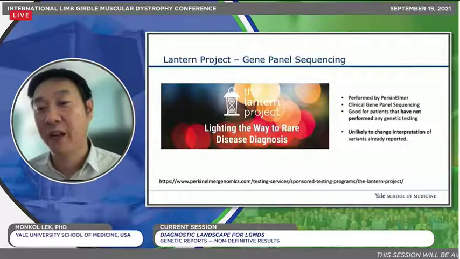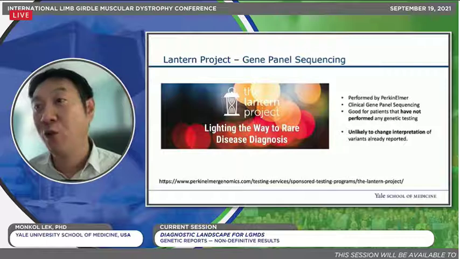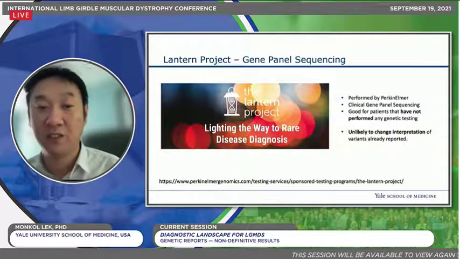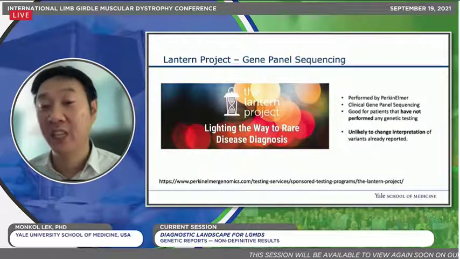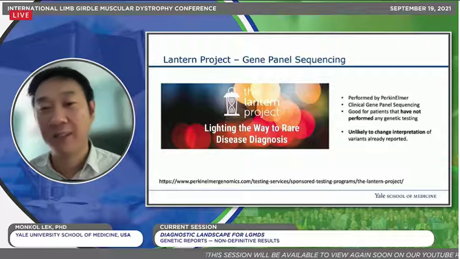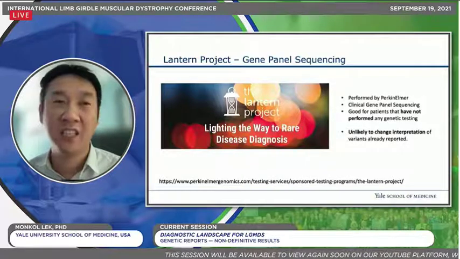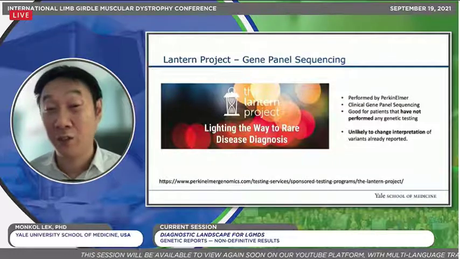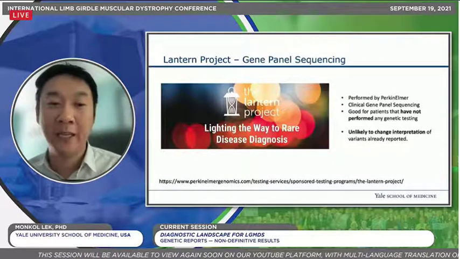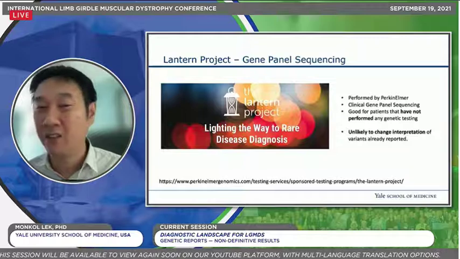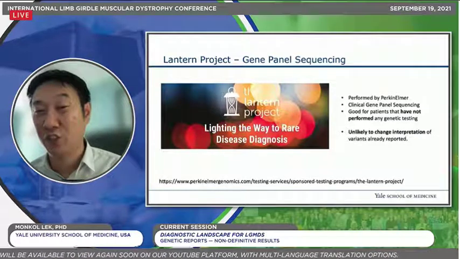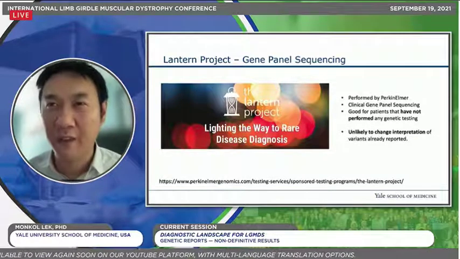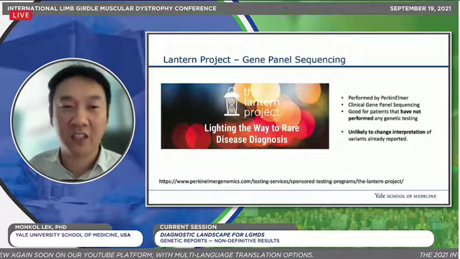And this is a good way of picking out people with common causes of limb-girdle muscular dystrophy. However, if you've had some genetic testing, either a panel or gene-based testing, it's unlikely to change the interpretation. Normally, these technologies are already really good. There is a possibility you may detect something new, but normally this technology is really good, and also the interpretation clinical labs perform is very good also, so it's very unlikely to change that.